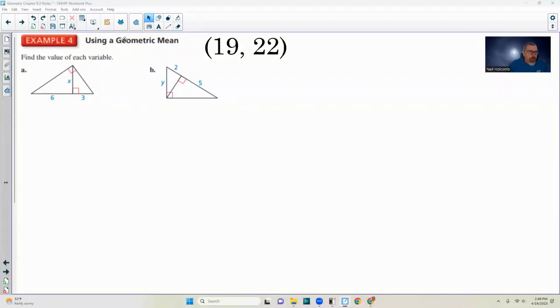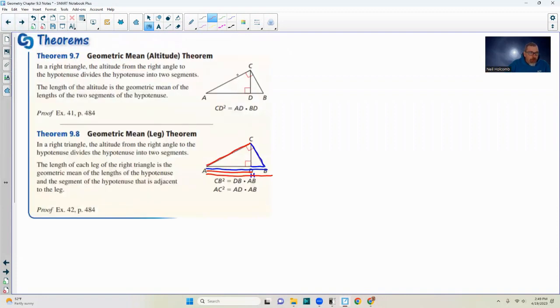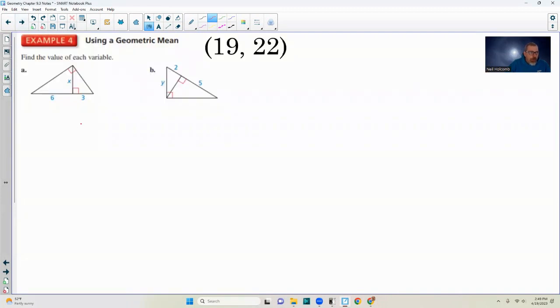Okay, so here we go, using the geometric mean. So this is a really good example here, showing one way and the other. In this case, we don't know the altitude, but it's X, but we do know the two pieces of the hypotenuse. So just going back real quickly, we're going to use the geometric mean altitude theorem. CD squared equals AD times BD.